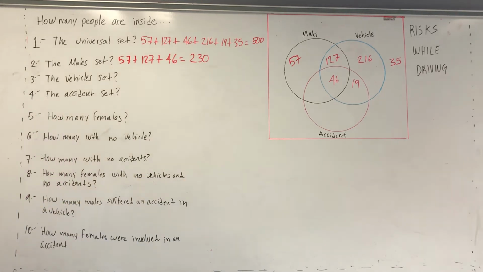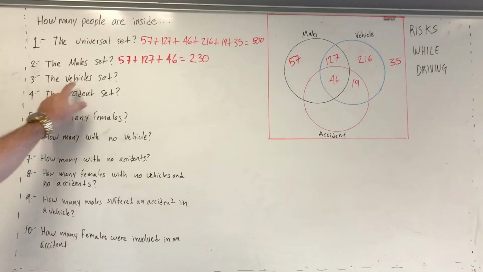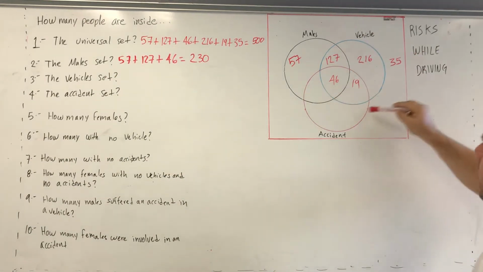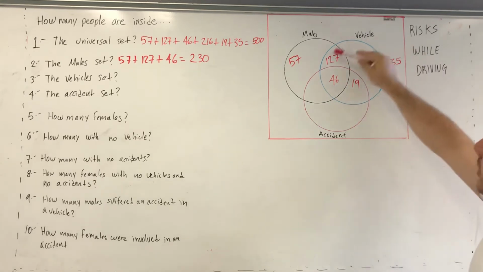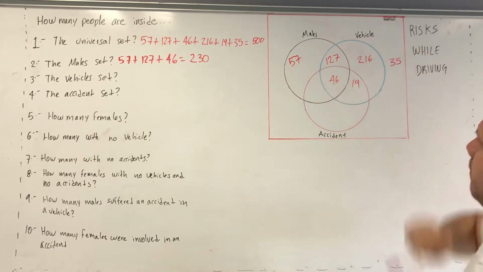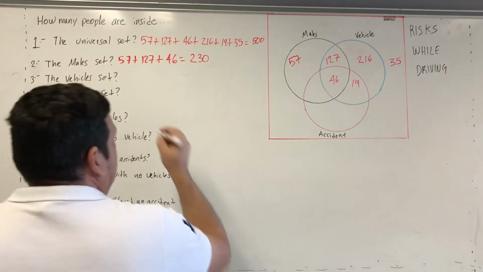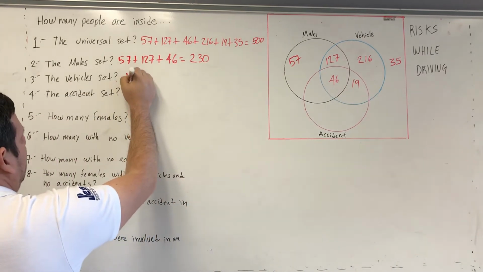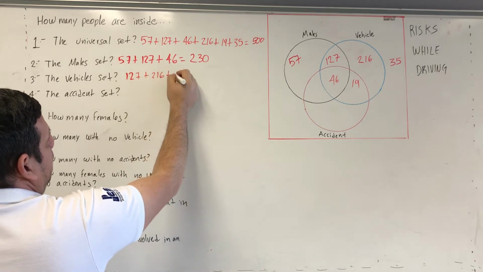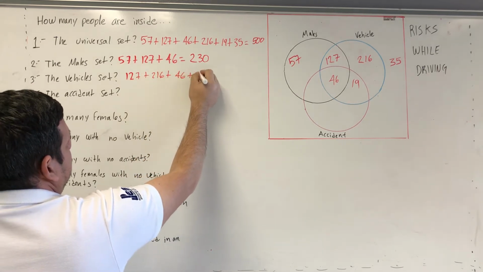Now the next question, how many people are inside the vehicle set? Let's focus our attention on the blue circle, the blue set, the set for vehicle. I have 1, 2, 3, 4 values. Let's add them: 127 plus 216 plus 46 plus 19.